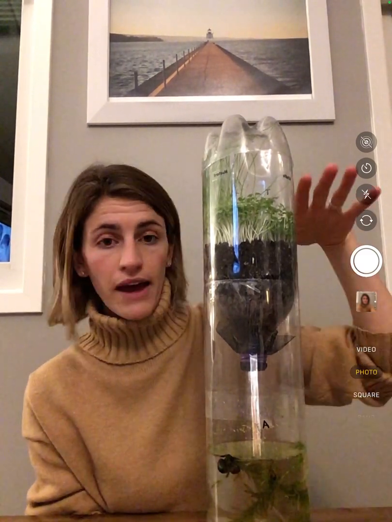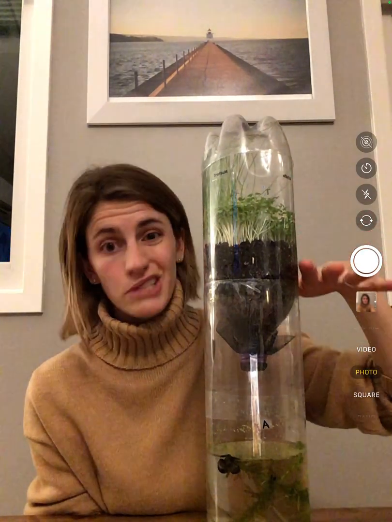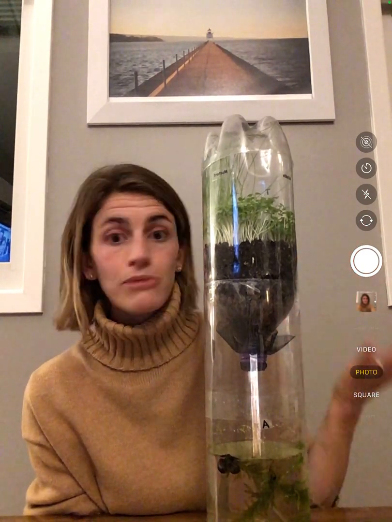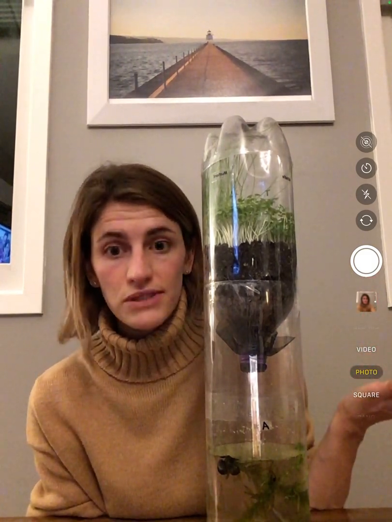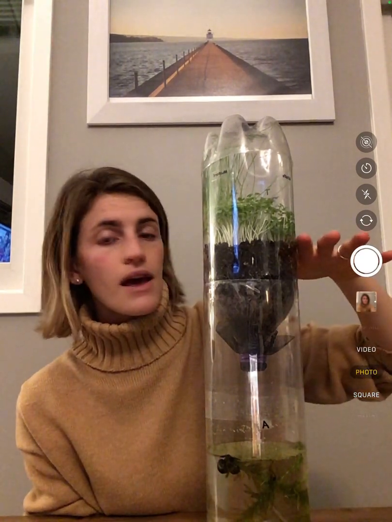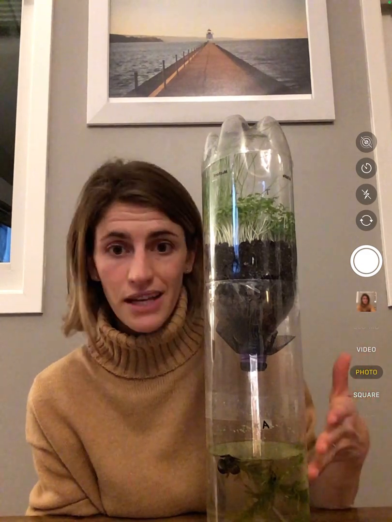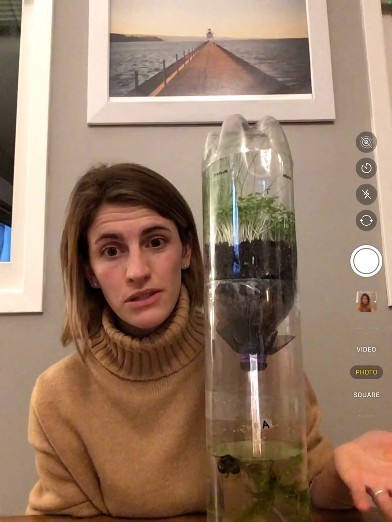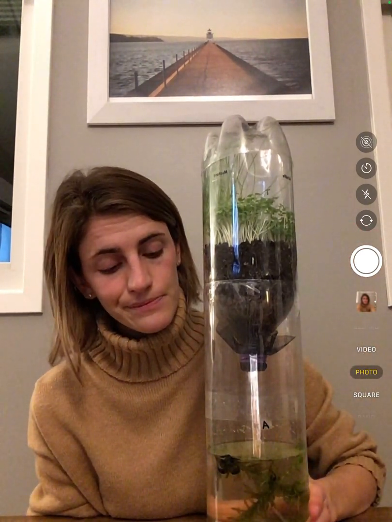However, if that rainwater runs through the terrarium and it grabs a pollutant, something negative, maybe a chemical or plastic or garbage, or really anything that's negative, anything that's not supposed to be in the ecosystem, and it brings it right down into the aquarium, then those fish and those snails and the plants are going to be negatively impacted or harmed by the things that the water brought from the terrarium.